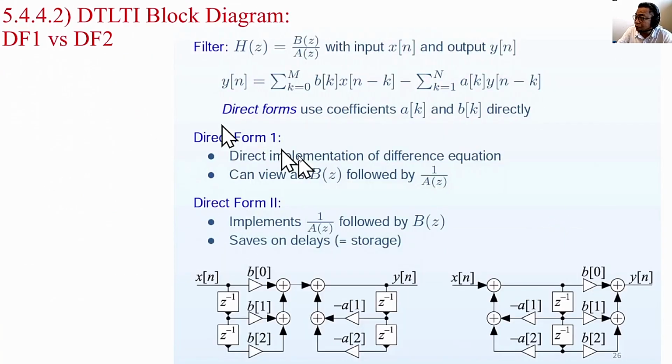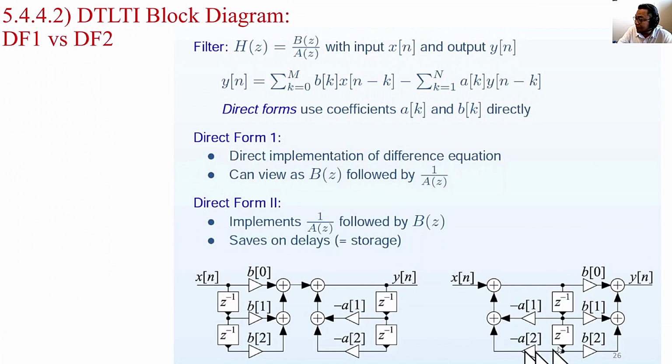Now I will briefly go through something called DF1 versus DF2. The DF1 filter looks like this. The B's are on the left hand side affecting the input. The A's are on the right hand side, and this is what we had done. In DF2 it's different. We swap and we make the delay in the middle.